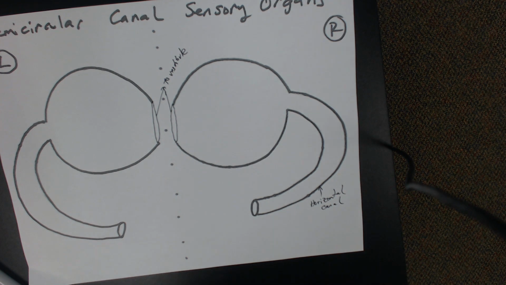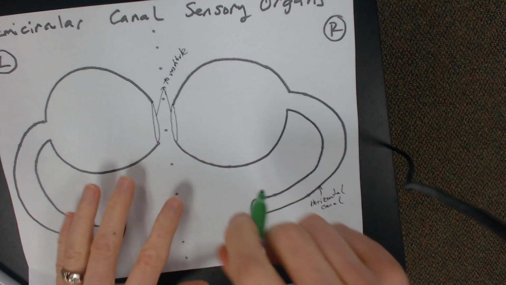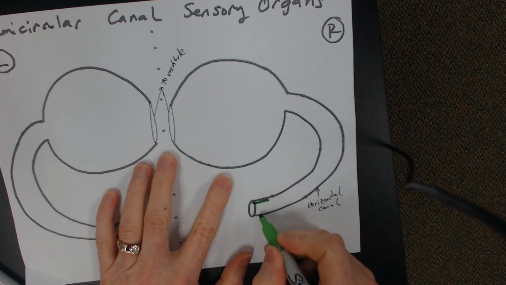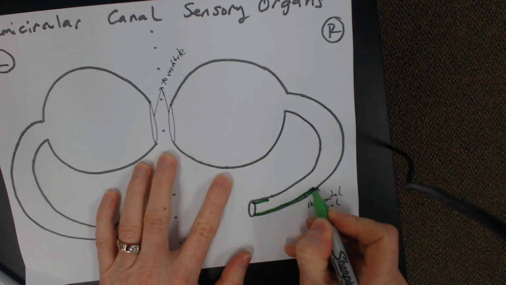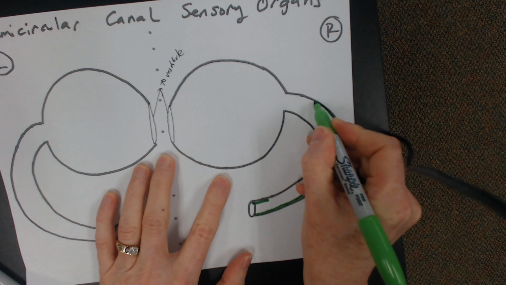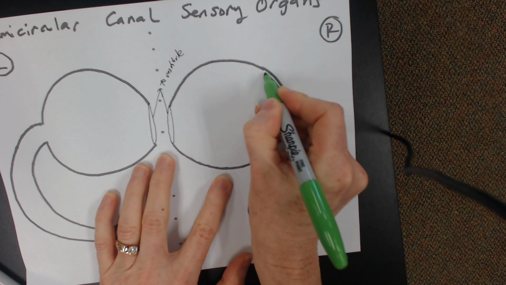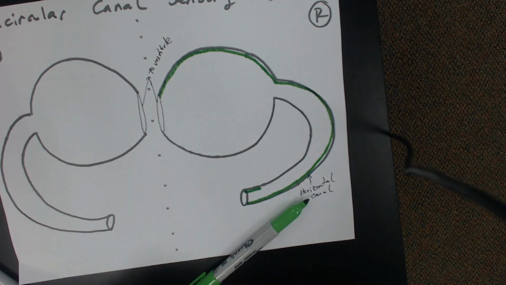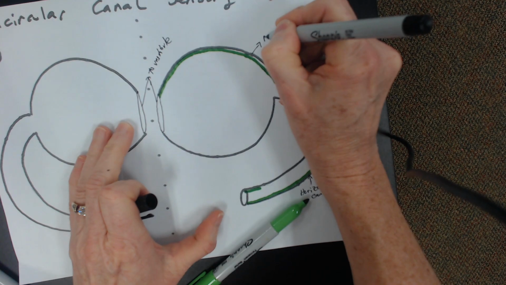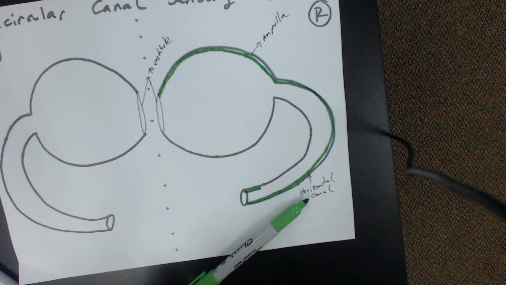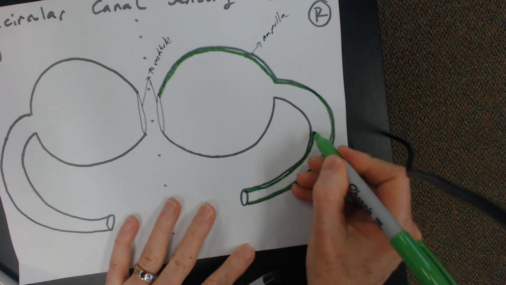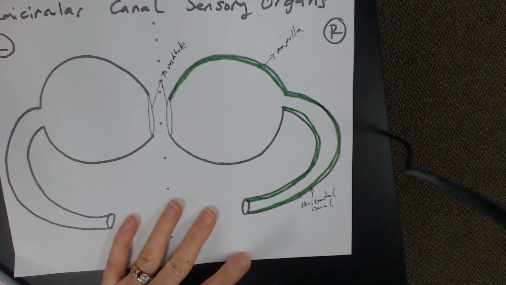Now, thinking about what we saw previously, this is the bony portion. The bony labyrinth is on the outside. But lining each horizontal canal, we have this membranous labyrinth as well. So let's go ahead and draw the membranous labyrinth in, lining this bony bubble here. I'll even label that. That's the ampulla. That's your bony bubble where the sensory organ is. And then coming down here, have your membranous labyrinth.